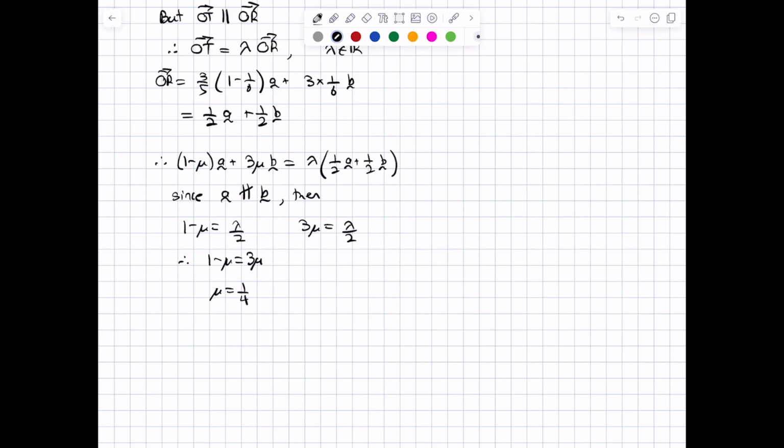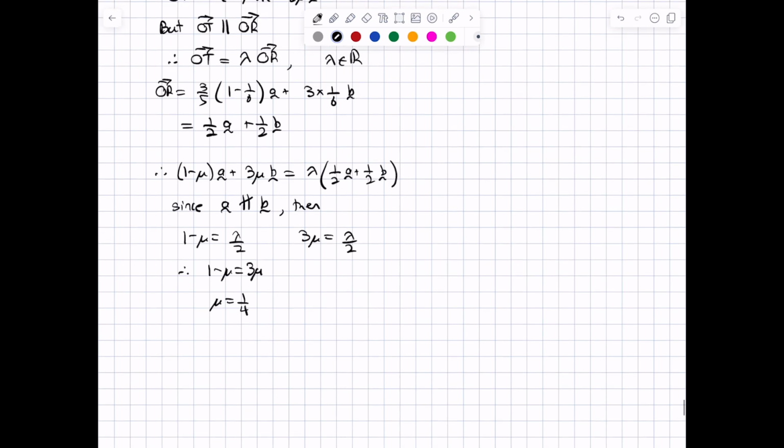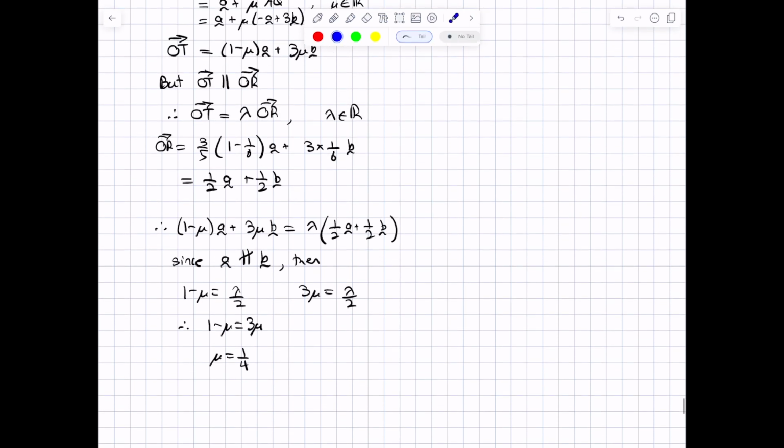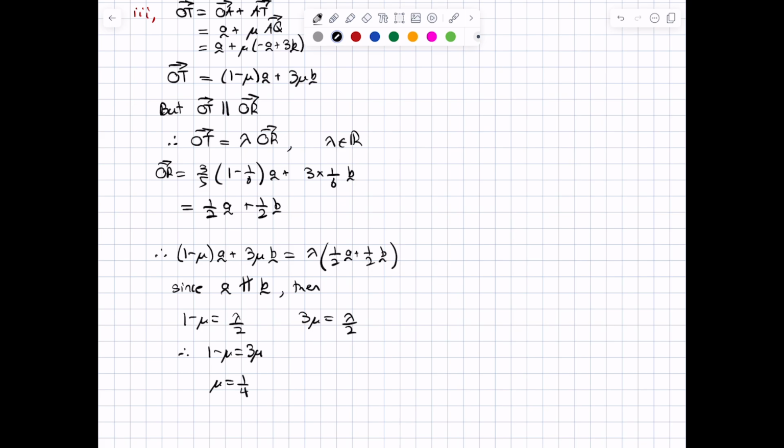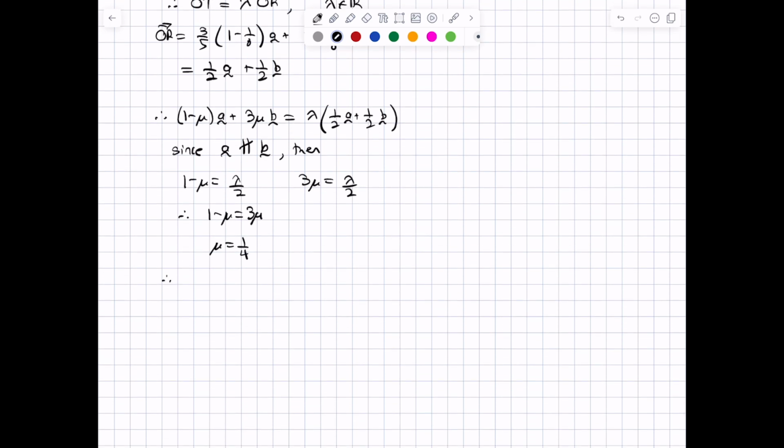So if mu is equal to a quarter, what does that mean? That means I can now sub that back into this expression, and I'll get OT in terms of A and B. So therefore, OT will be equal to (1 minus a quarter) times A, plus 3 times a quarter times B.